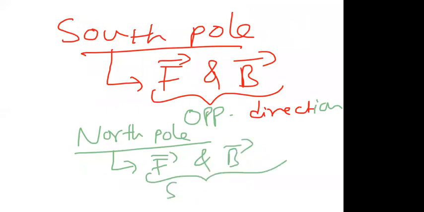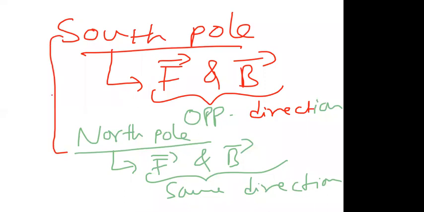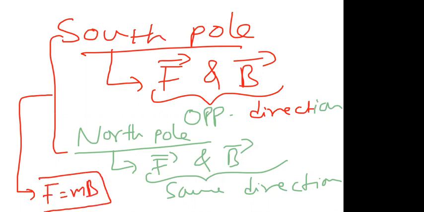These are our conclusions for a north pole and a south pole placed in a uniform magnetic field. In both situations, the force formula is F equals M B. The magnitude of force is the same, but the directions are different. The directions of force for the south pole and north pole are opposite.